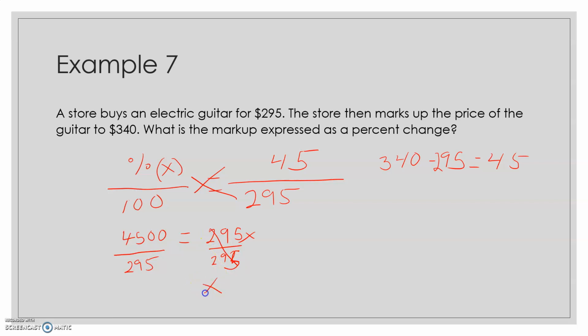And we get x is equal to about 15.3%. So the amount that it was marked up from its original cost was a 15.3% increase or a markup.